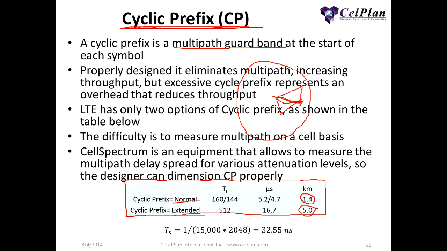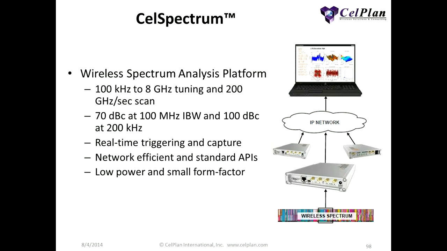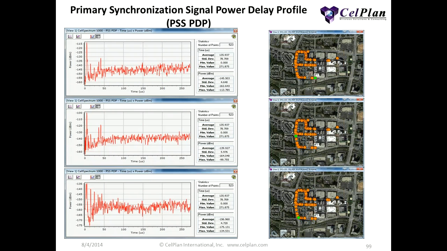Well, there were really no tools to measure it. So we developed Cell Spectrum because we had to do this for our customers and we didn't know how to measure. It was always a guess. Then we developed this tool, a software-defined receiver that allows us to do a lot of spectral analysis.